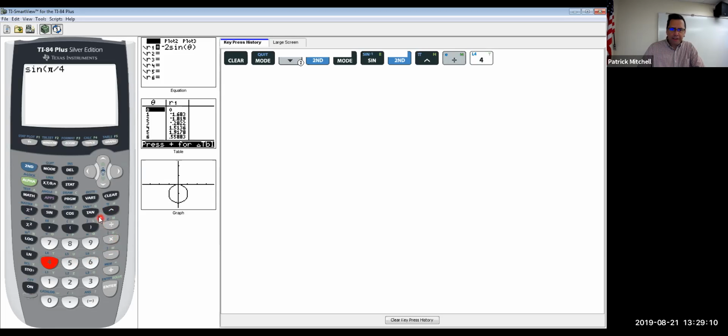You don't actually have to close the parenthesis. The calculator is smart that way, but I'll do it. And I hit enter, and it tells me that the approximate value of sine pi over 4 to 4 decimal places, that's what they had asked for, is 0.7071. So I'm going to box just the 0.7071.